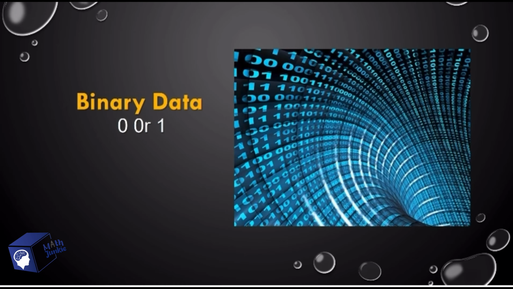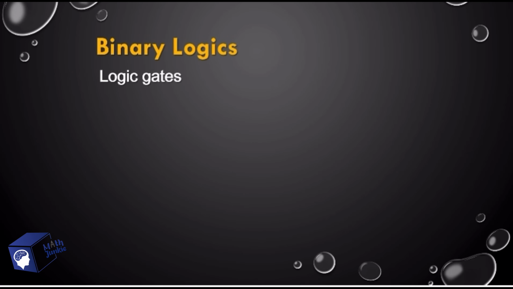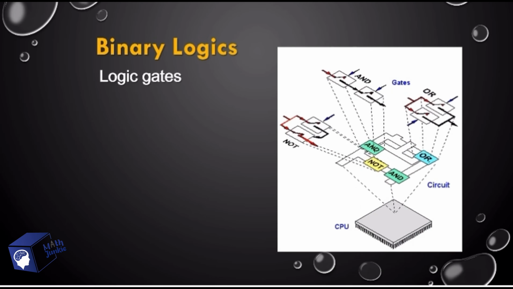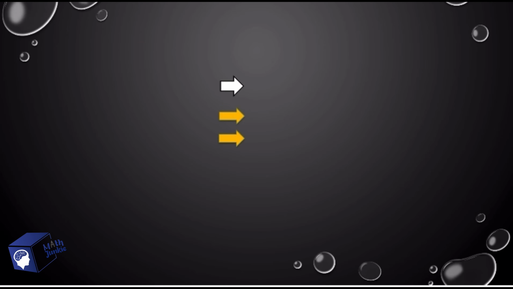It only understands binary language. And the next thing is binary logic. For binary logic there's a use of logic gates, and we do have an understanding of different logic gates. For example, AND gate, OR gate, NOT, NAND, NOR, XOR, and exclusive OR.